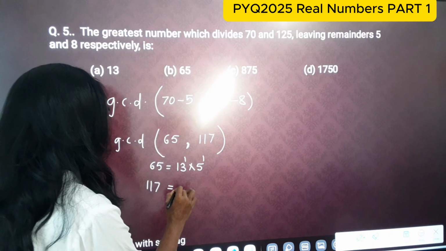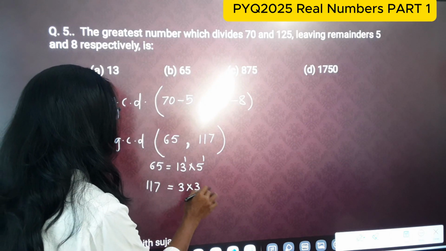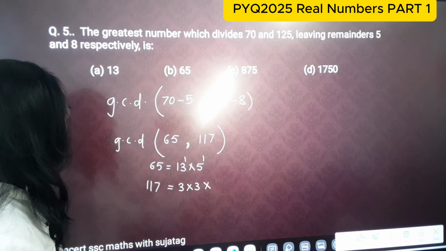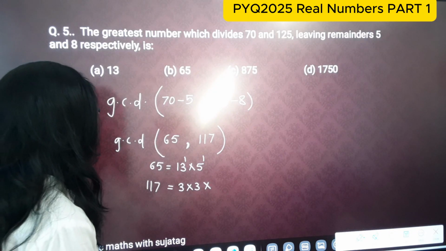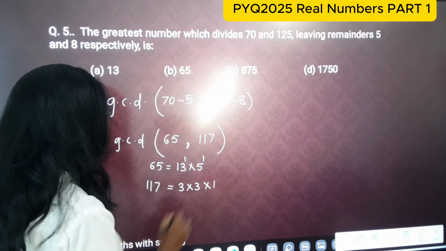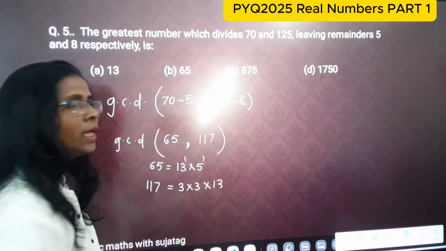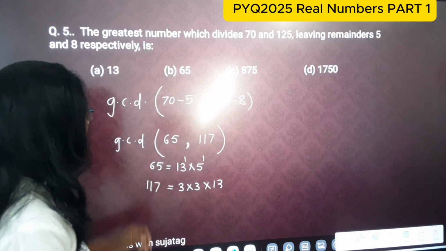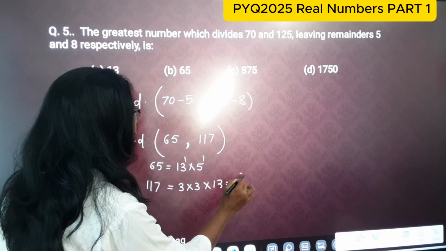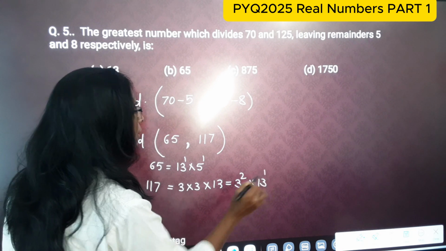Now 117, that means 3 threes are 9 and 9 thirteens are 117. So here square of 3 multiply 13 raised to 1.